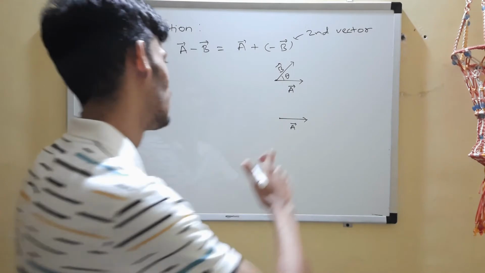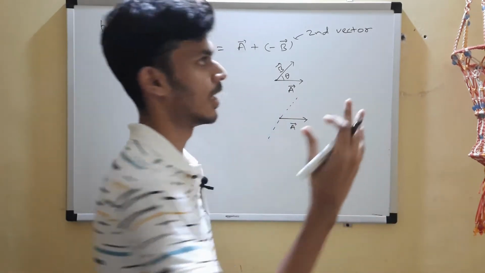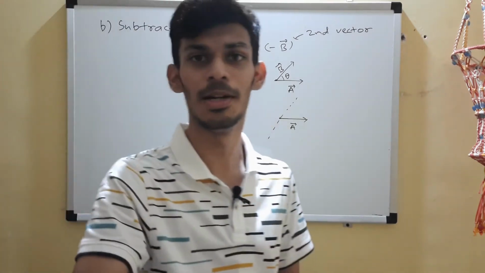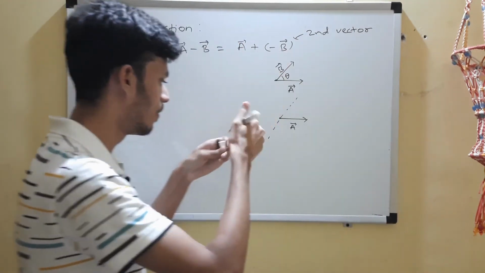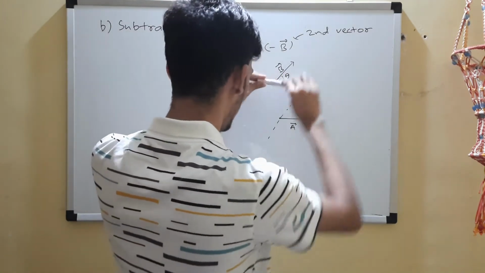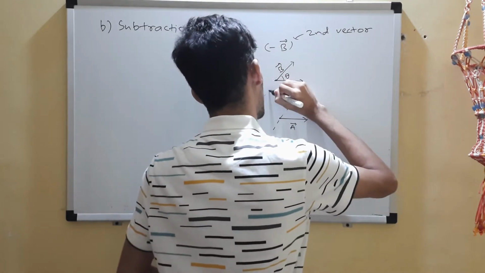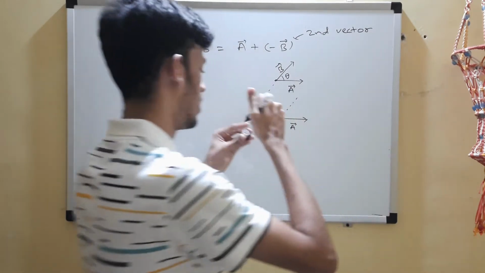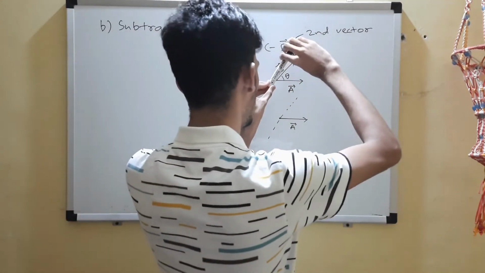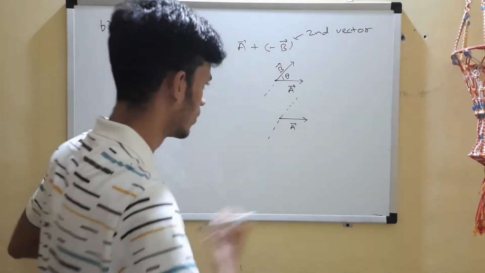From the previous lecture, you should know that to draw the negative of a vector, you just flip it by 180 degrees. Just complete the straight line, and it's pointing in that direction. Flip this by 180 degrees. So that is what I'm doing.